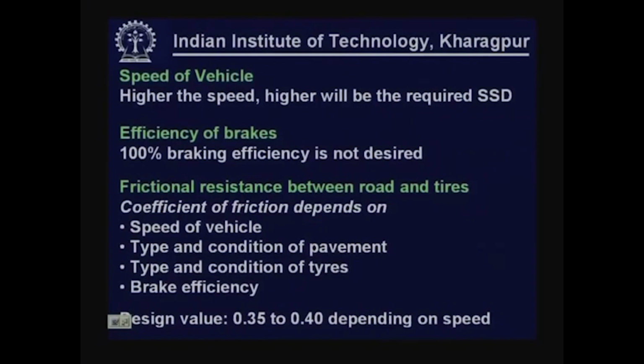Old, worn out tires which are practically flat, and new tires with very good treads, behave in different ways. And also the brake efficiency: as I said, if it is 100% brake efficiency, the wheels are completely locked against rotation. So, obviously, a higher coefficient of friction will be applicable within the braking distance.